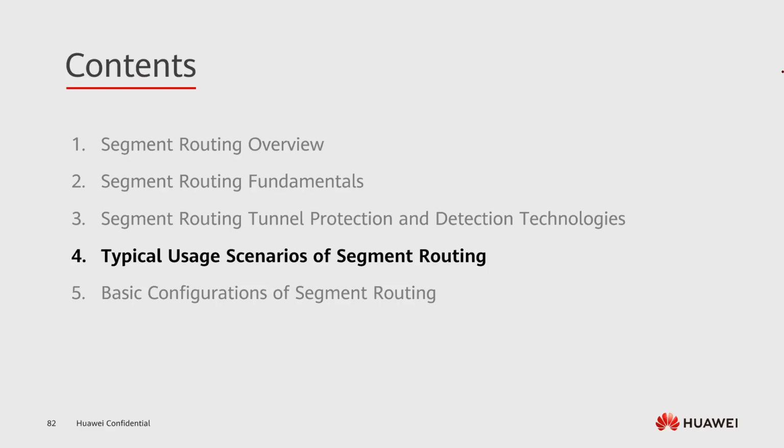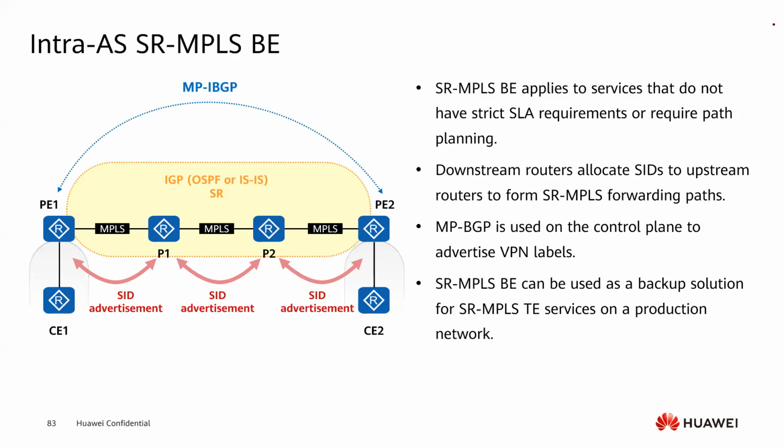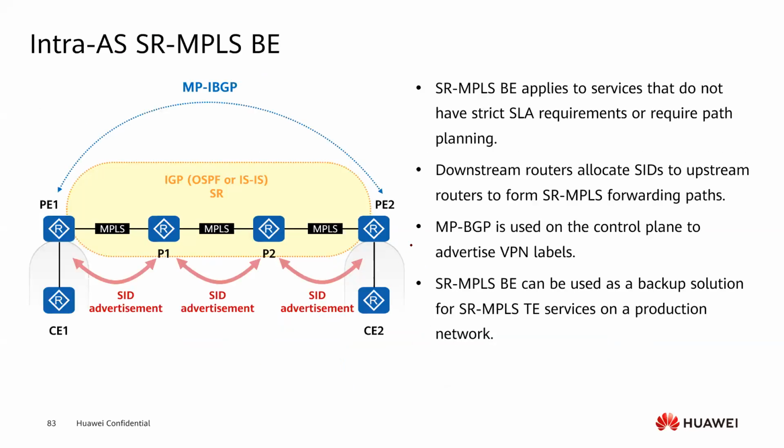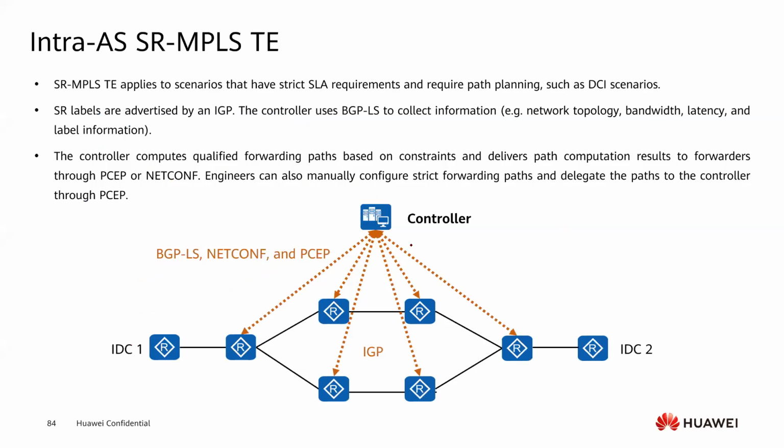Typical usage scenarios for segment routing. First, we can use SR-MPLS-BE to do the forwarding. And also we can use, for inter-AS, SR-MPLS-TE, which is also okay. About those two, I guess we already have ideas, so we just pass.